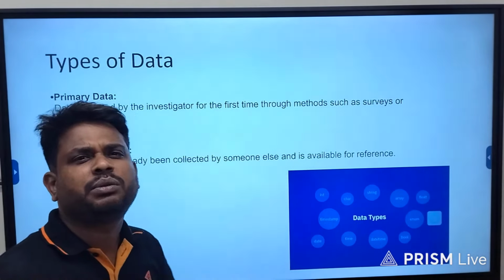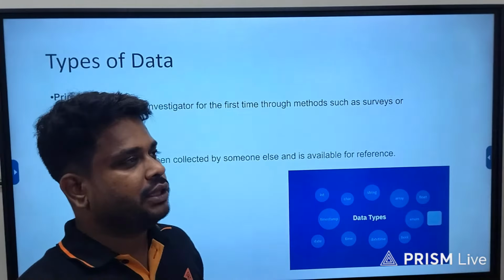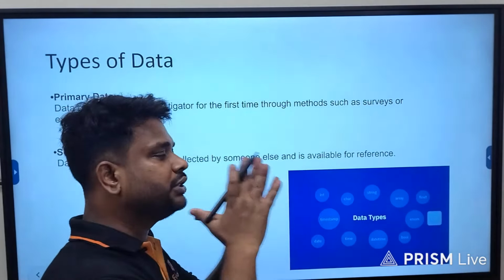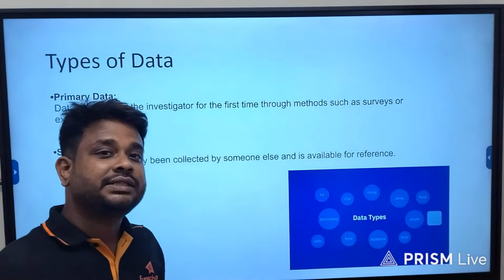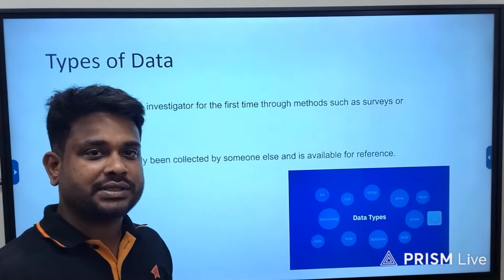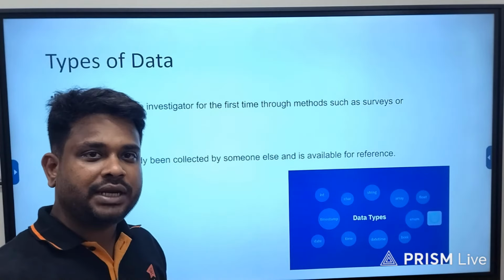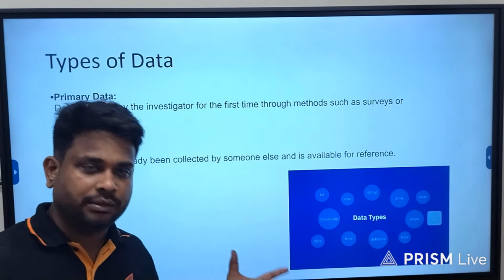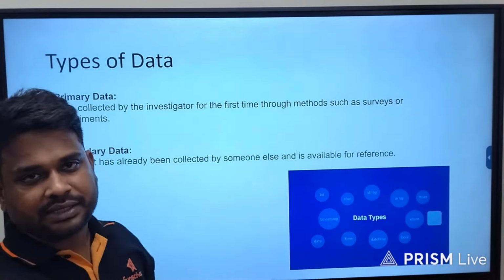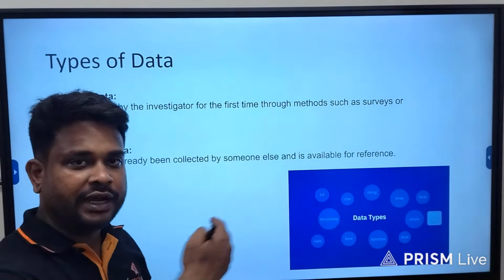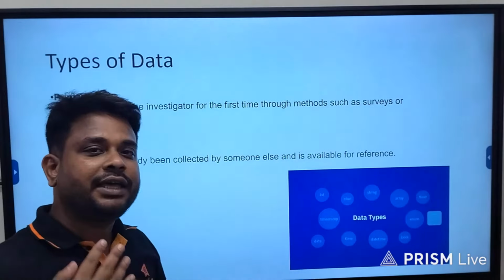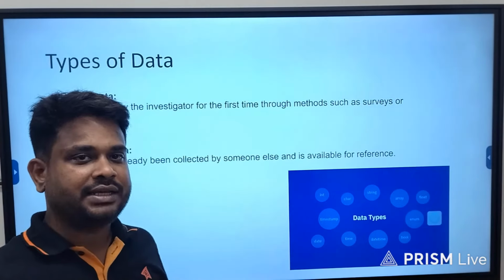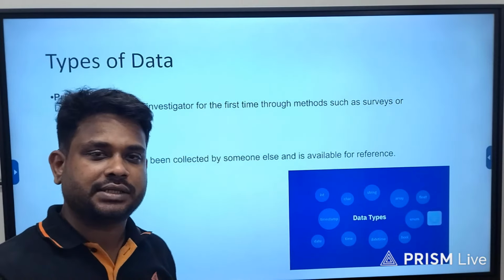A natural example of secondary data is the news. The news which we watch on TV and discuss in schools is secondary data, because the primary data is collected by the reporters in the various news channels, and they convey it to us, and we convey it to our classmates. Those are the examples of primary data and secondary data.